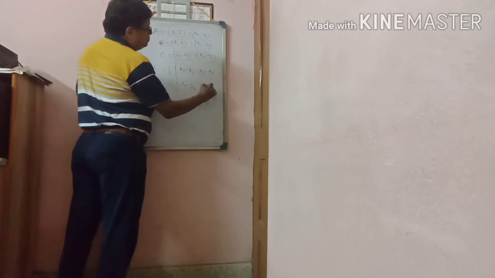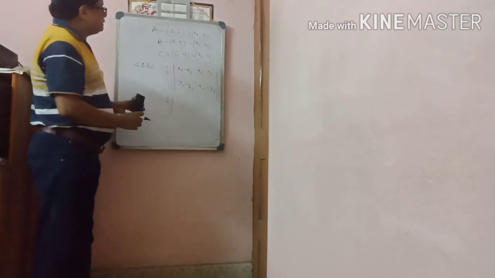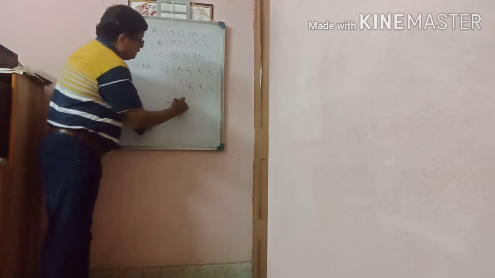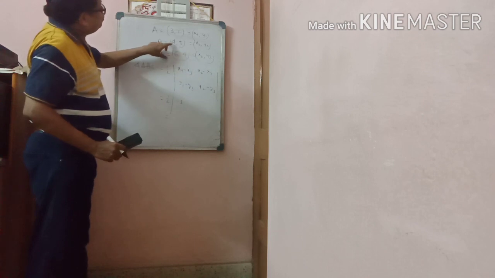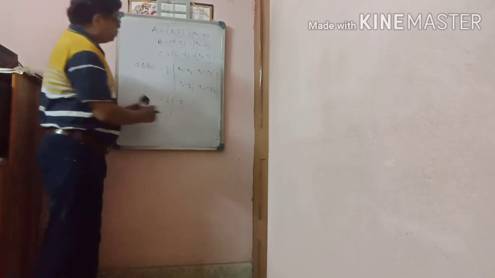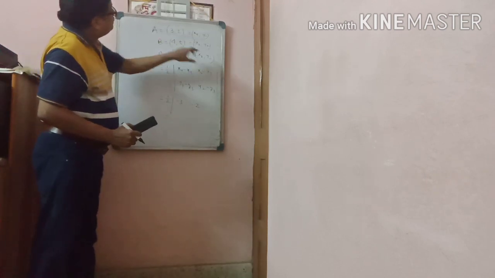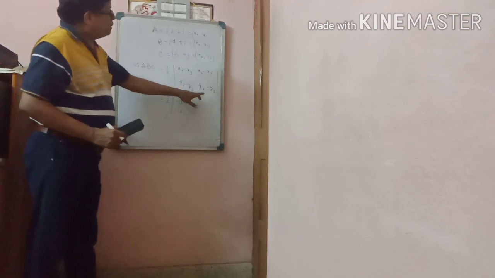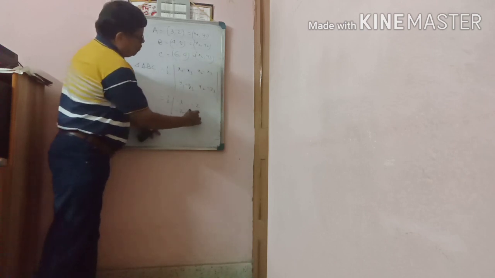So x1 minus x3, 3 minus 6, that is minus 3. x2 minus x3, 4 minus 6, that is minus 2. y1 minus y3, 2 minus 4, that is minus 2. y2 minus y3, 5 minus 4, that is 1.